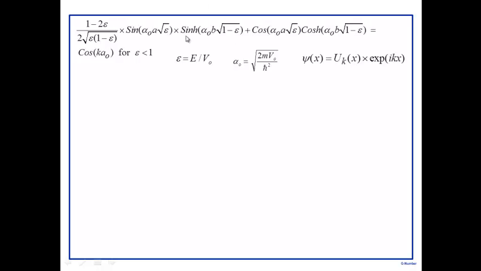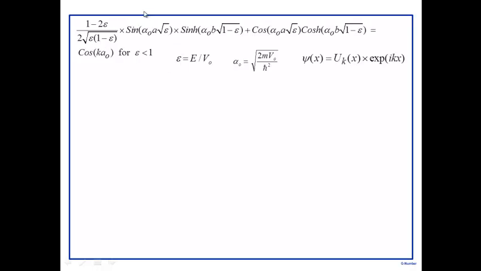Note that our wave function is of the form u(k,x) e to the power ikx, where k denotes the wave vector. For different values of k, suppose I put k as some value, I will get a solution for E.